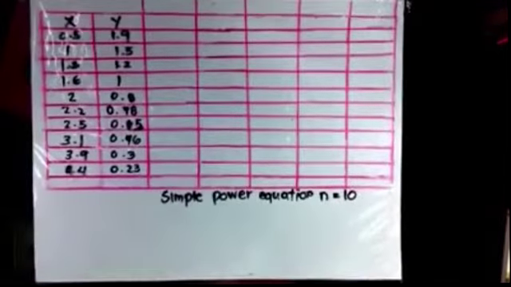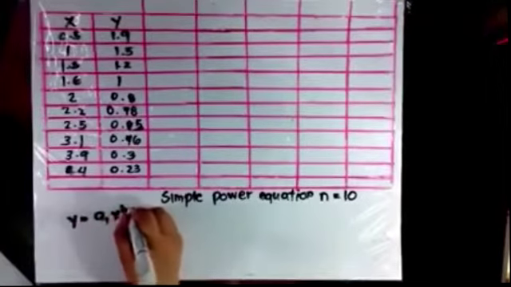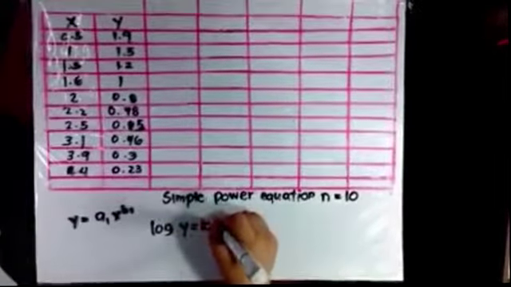The simple power equation has the form y equals a sub 1 times x raised to b sub 1. For linearization, we have the equation log y equals log a sub 1 plus b sub 1 times log x.